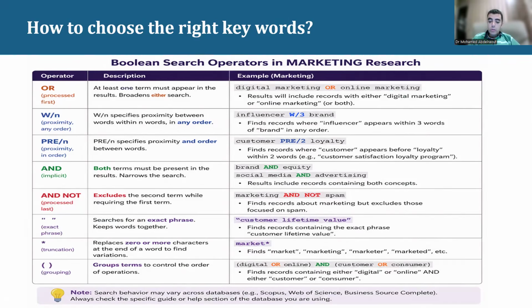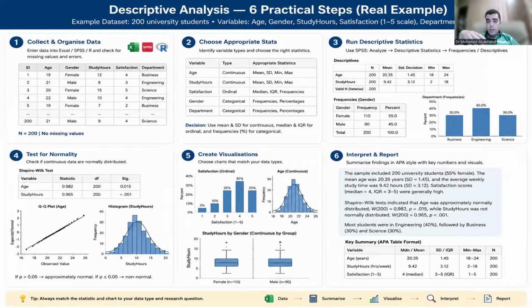This means find records containing either digital or online, and so digital and customer, for example, or online and consumer, or maybe online consumer and digital consumer, etc. So this behavior may vary across databases, depending on which website you're going to use. That's why you need to use this approach. But this approach best aligns with Scopus as far as I know.